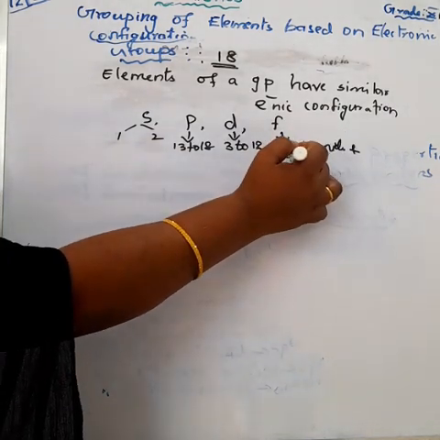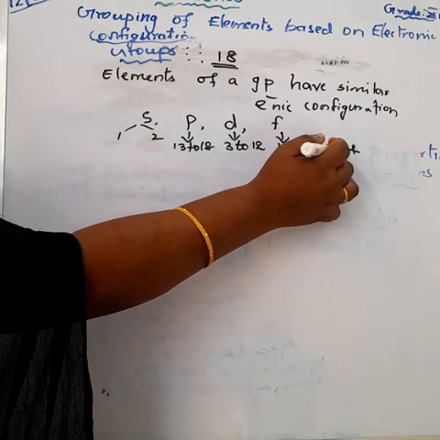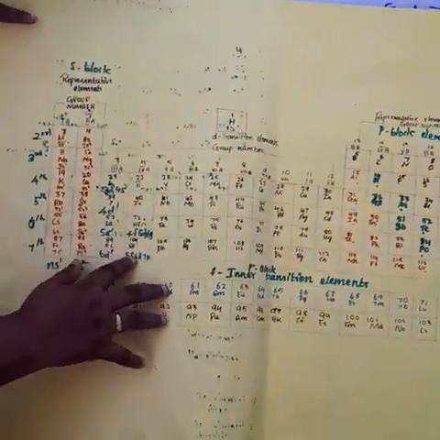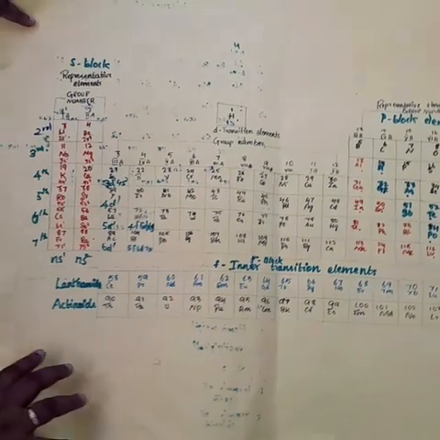The F block elements are situated between the sixth period and the seventh period.